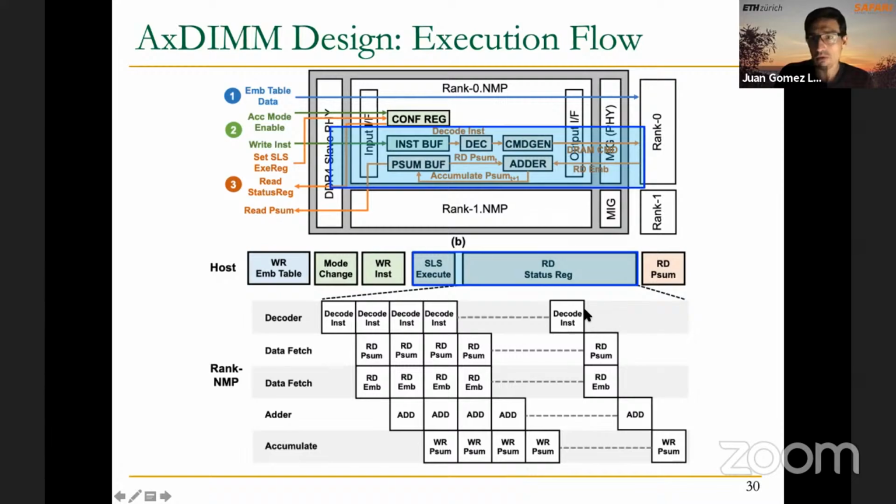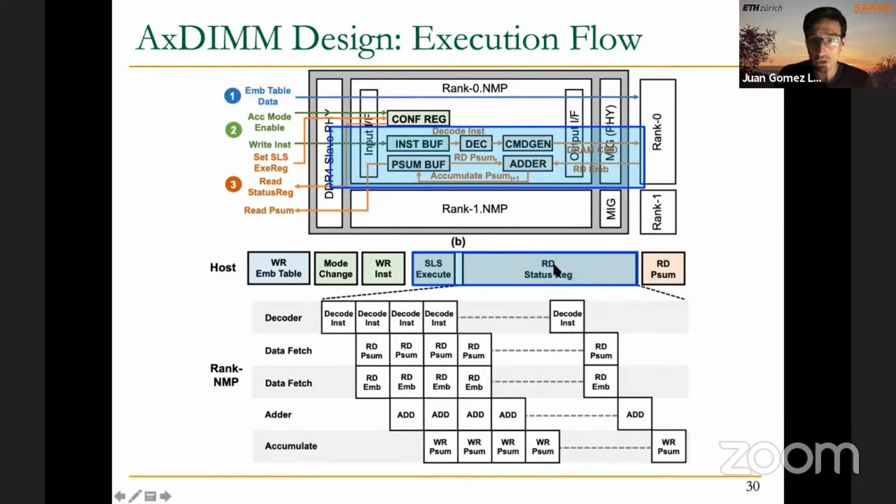In the meantime, what is the CPU doing? Recall that the acceleration mode is blocking, right? So the CPU cannot do anything else with this memory in rank 0 and rank 1. So in the meantime, the CPU is polling the system to check whether the computation finished or not. Remember that something similar was done by the CPU in the PIM system.